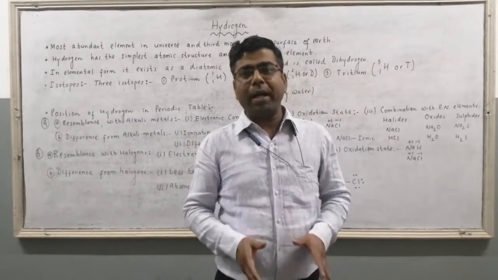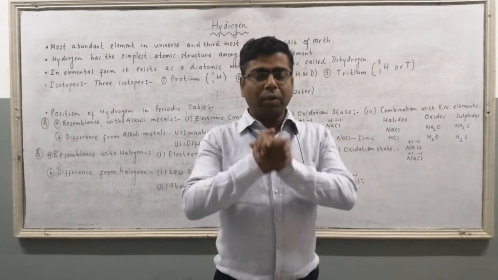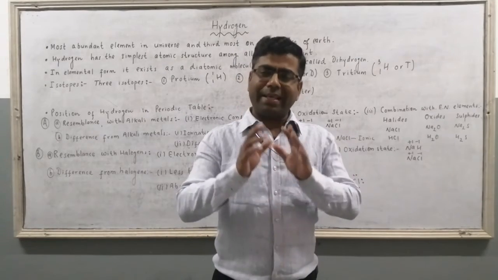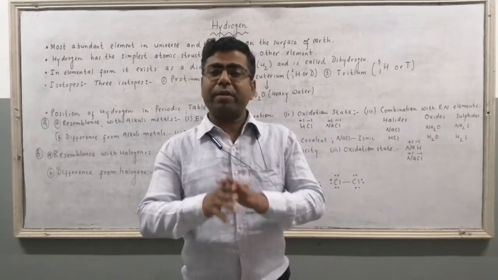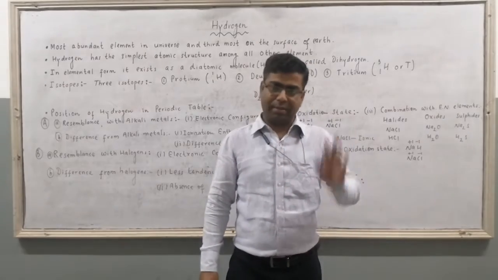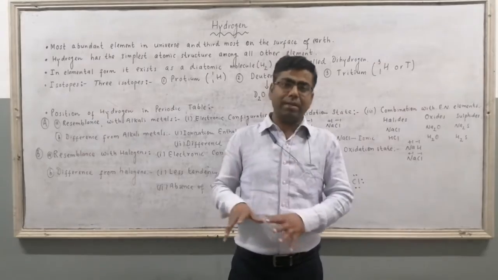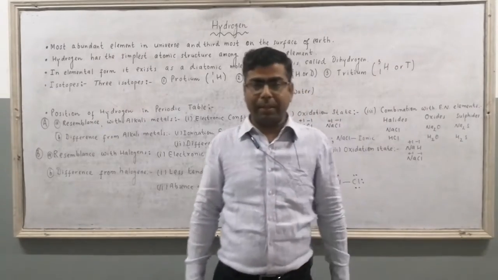The energy required to remove the valence electron from an isolated gaseous atom is called ionization potential or ionization energy. Energy is always required to remove the electron, because there is a force of attraction between the nucleus and the electron. So against this force we have to supply energy.